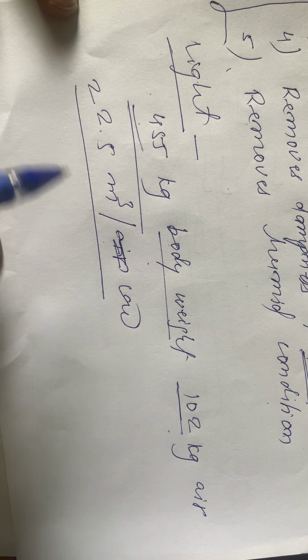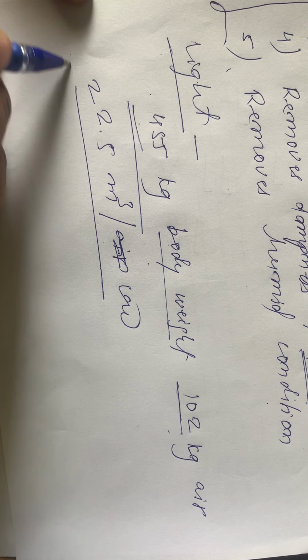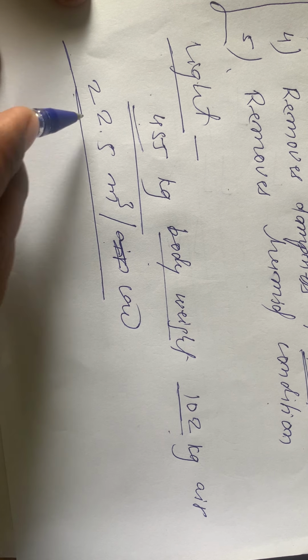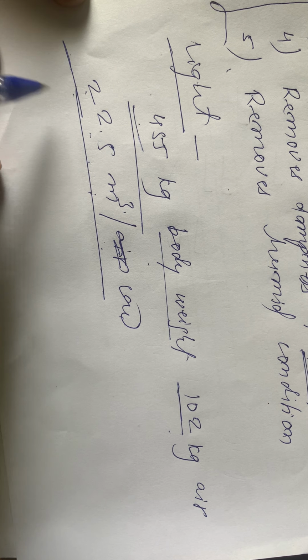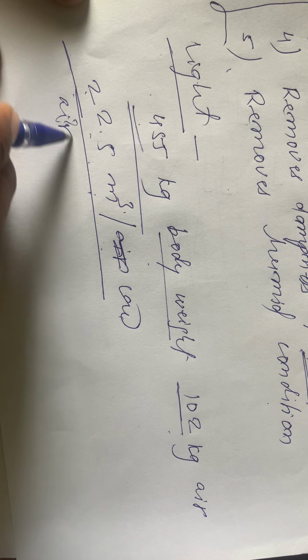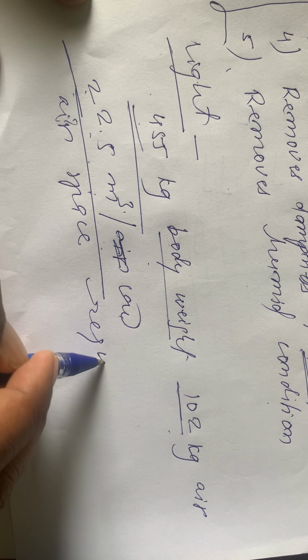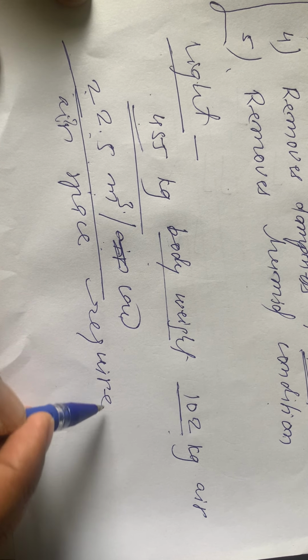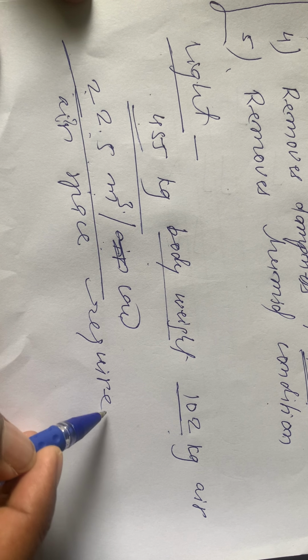It means that it requires this air space. This is the air space which is required per cow, that is 22.5 meter cube per cow. This is the air space requirement. It means that per cow 22.5 meter cube air space is required.